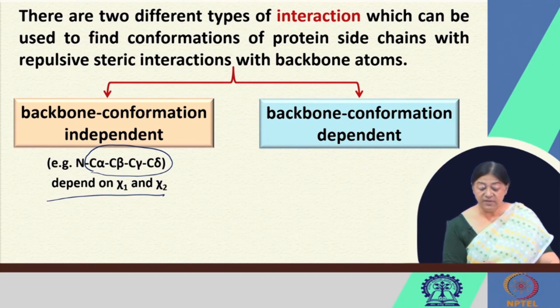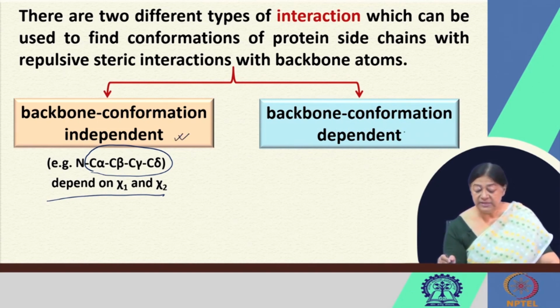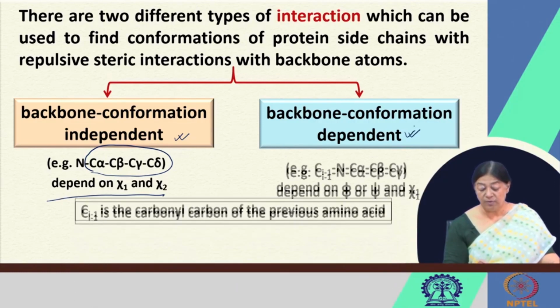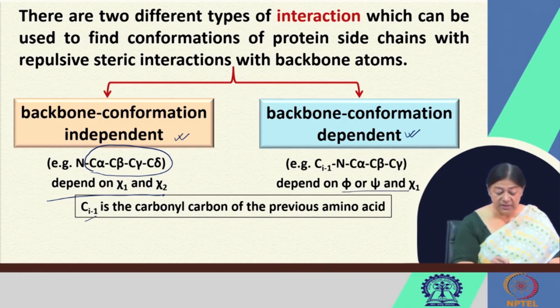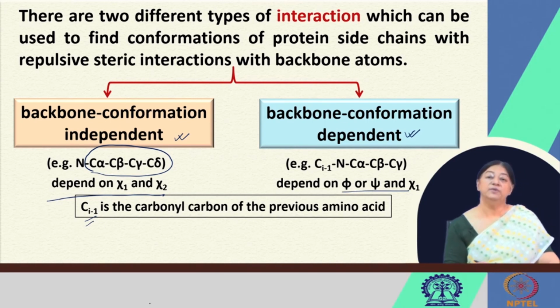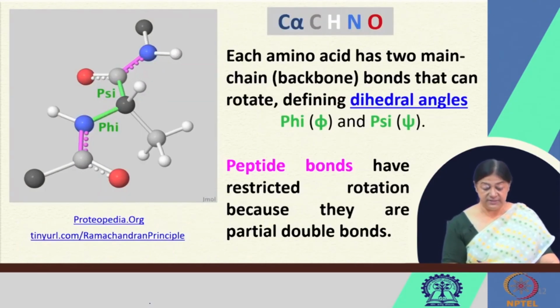Then we have the backbone, these are independent of the backbone conformation, these are dependent on the backbone conformation, because this will comprise the phi, psi and the chi 1, where Ci minus 1 is the carbonyl carbon of the previous amino acid. We will go into the geometry a bit more because we are looking at protein architecture. So, we have a specific model that defines this.